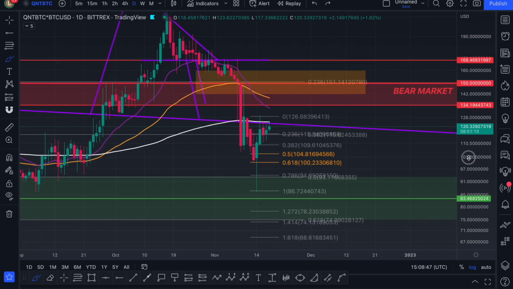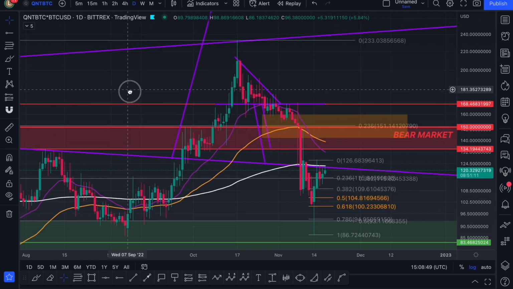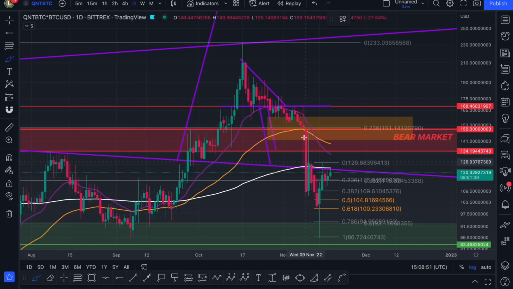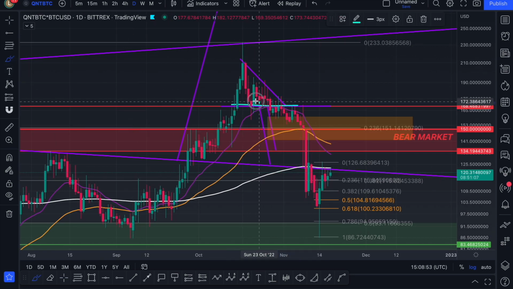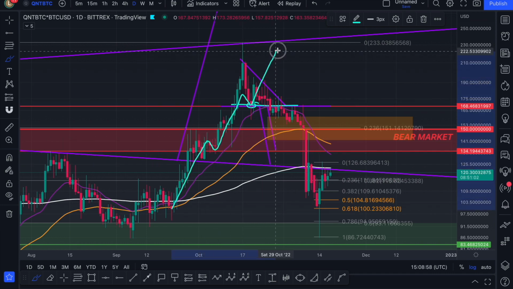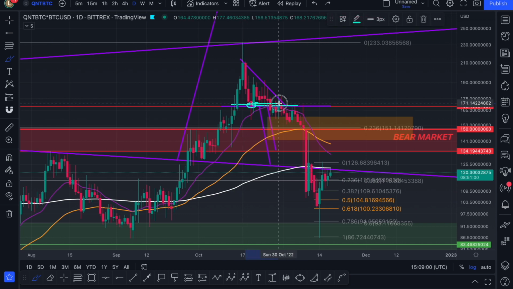So although it's right for us to be calling for this inverse head and shoulders, we need to realize we had this descending triangle, we had a higher low over here, we were forming these higher lows, so we needed to continue, but we lost it. So we already created our first lower low, ran into it as resistance, continued, lower high, lower low, even lower than this.